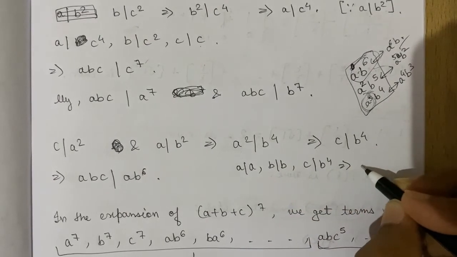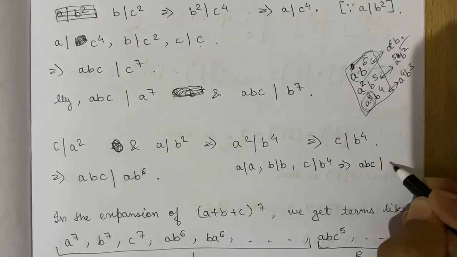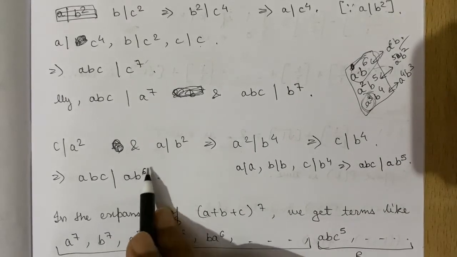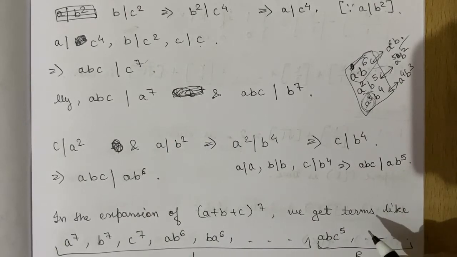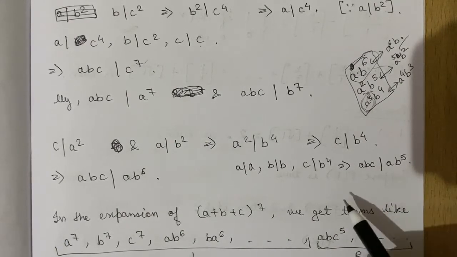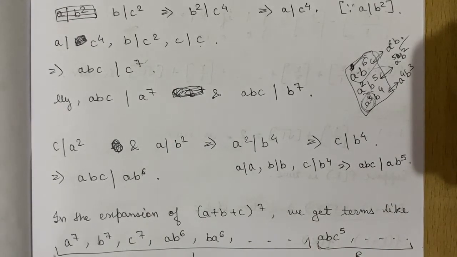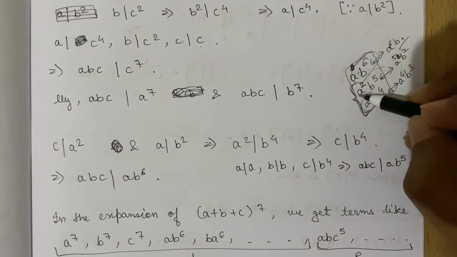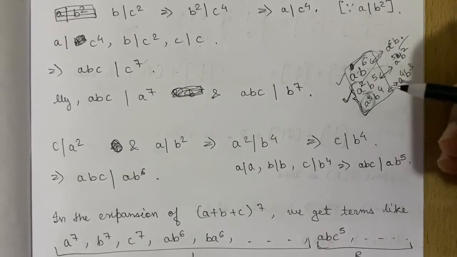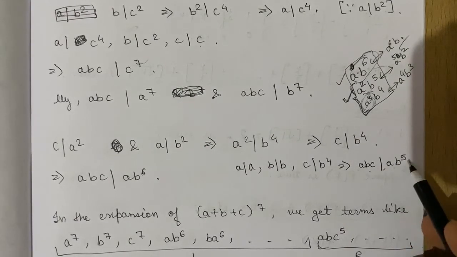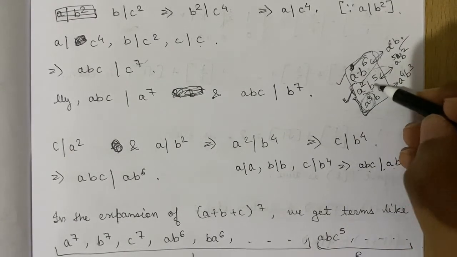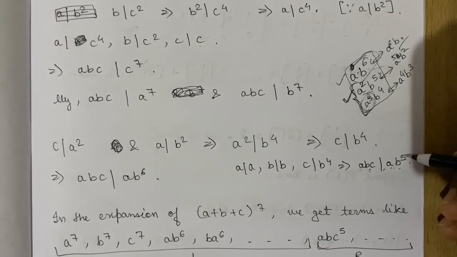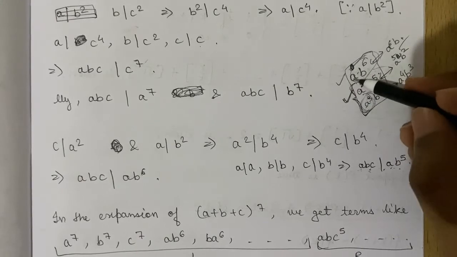This implies that abc divides ab^5 actually, and so it divides ab^6 as well. And when writing down this proof, I forgot to prove these other two cases, but this is proved because I just proved that abc divides ab^5, so it divides a^2 b^5, and since abc divides ab^5, abc divides ab^6.